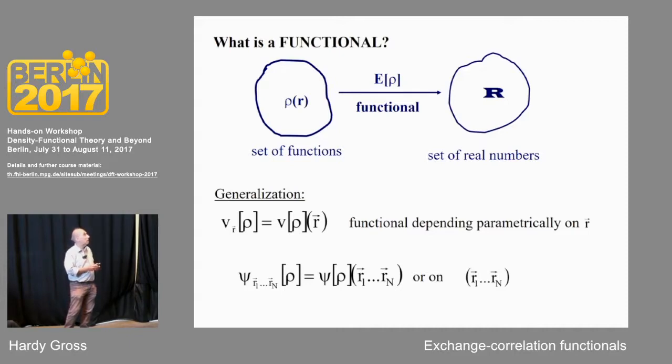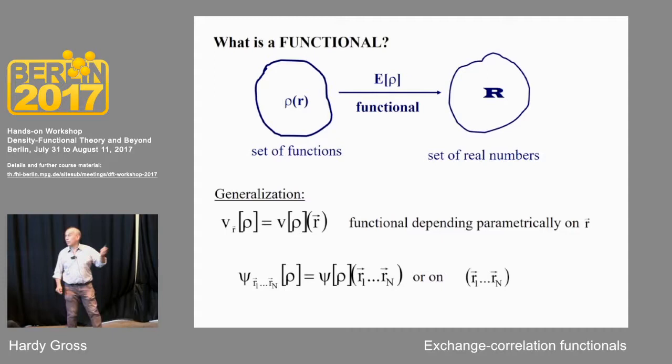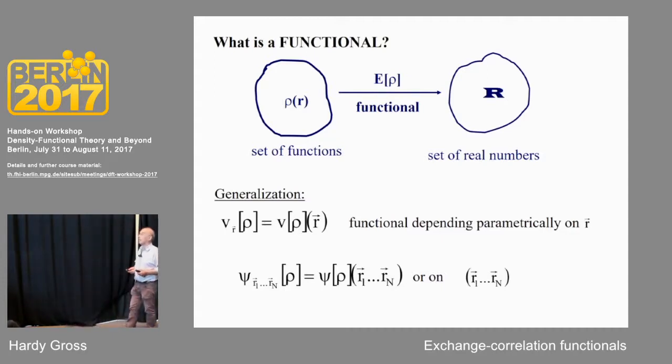So we say the potential is a functional of the density, or the Hohenberg-Kohn theorem says that the wave function is a functional of the density. Usually we call this an operator: if we map one function to another function, it's called an operator. But an operator is a special case of a functional, as you see here. That's why this field of mathematics is called functional analysis and not operator analysis. So functionals, that's the main thing.